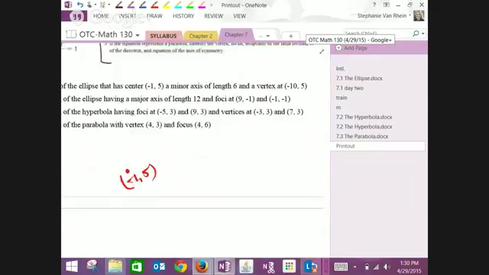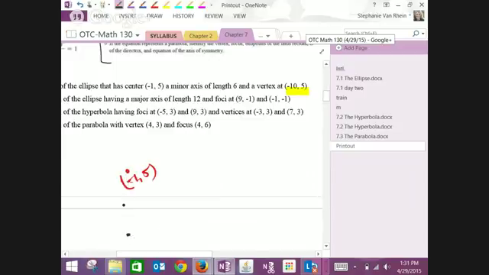Y is not changing, only the x is. So that tells me my major axis is the y-axis, right? If I go to -10, 5, this distance is 9. Oh, sorry.